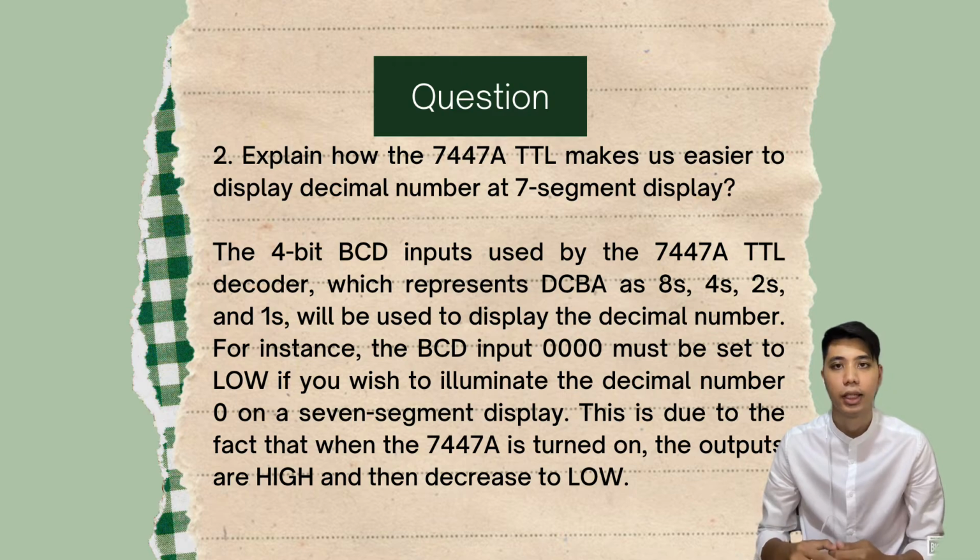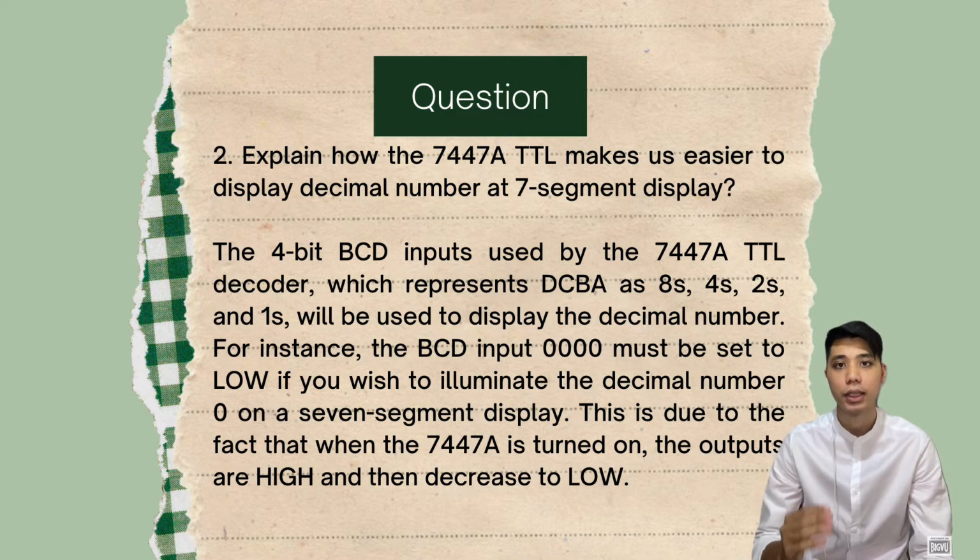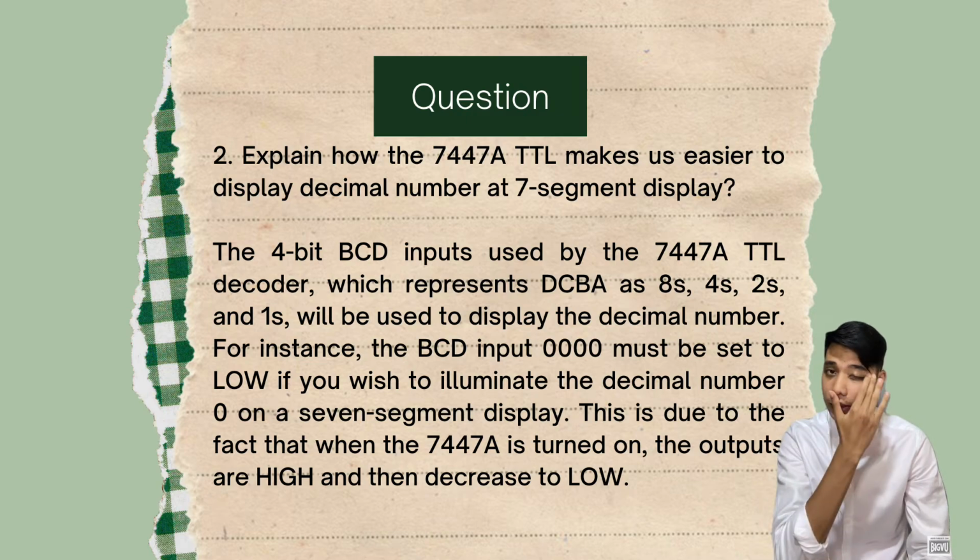For instance, the BCD input 000 must be set to low if you wish to eliminate the decimal number 0 on a 7 segment display. This is due to the fact that when the 7447A is turned on, the output is high and then decreases to low.